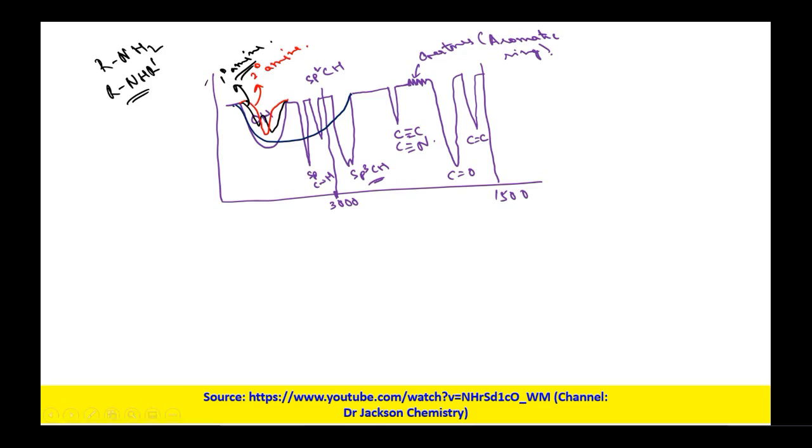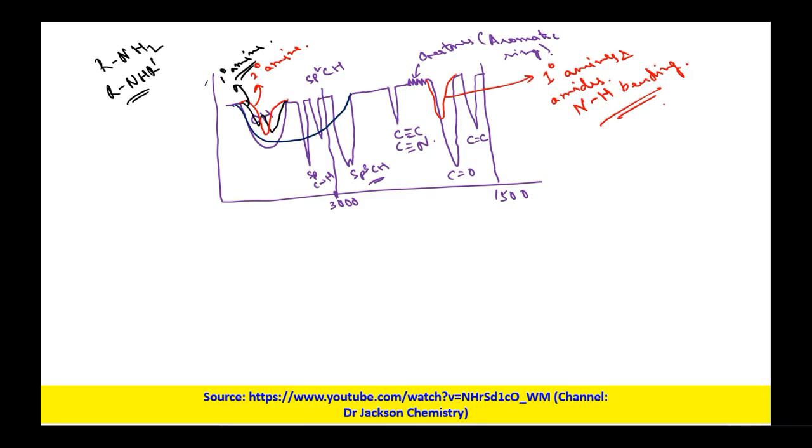Another important thing is that in this region, for primary amines and amides, we can have a peak like this. So this can be for the primary amines and amides. This would be the NH bending.